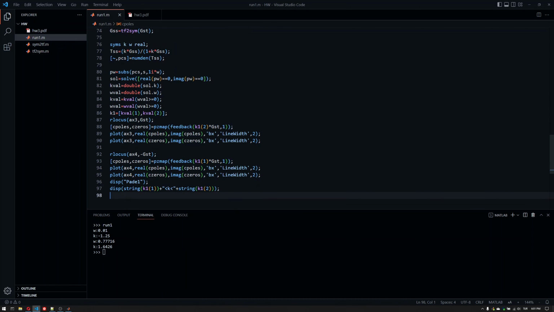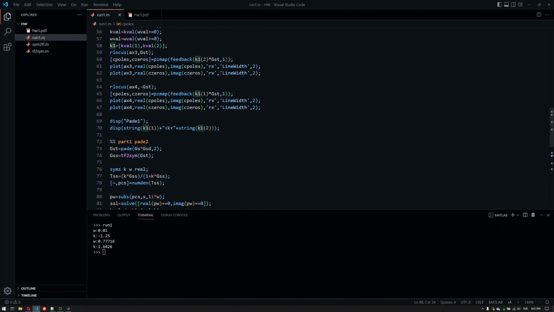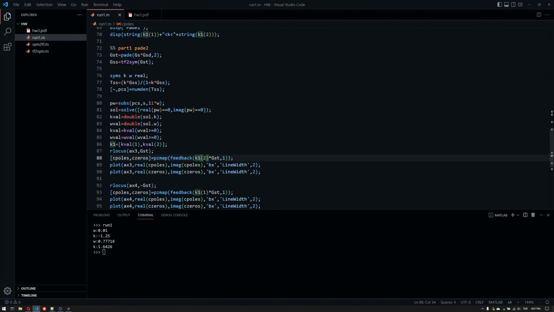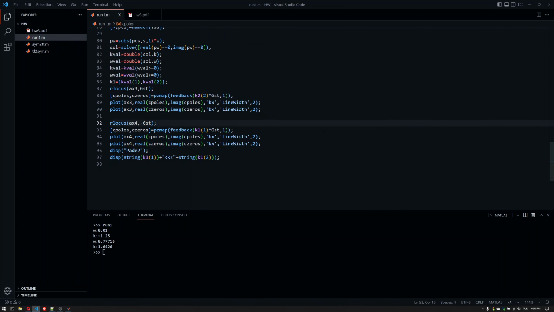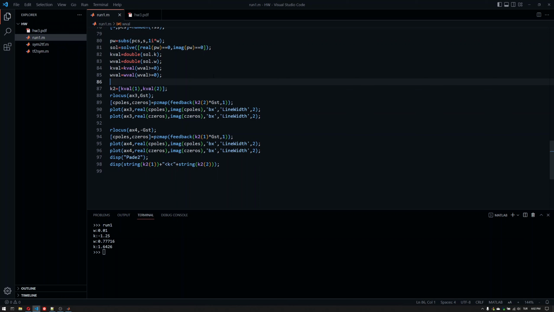If I repeat this for Padé 2, all I have to do is change this to K2, this to K2, and of course this to K2, but I need to see what kval is.